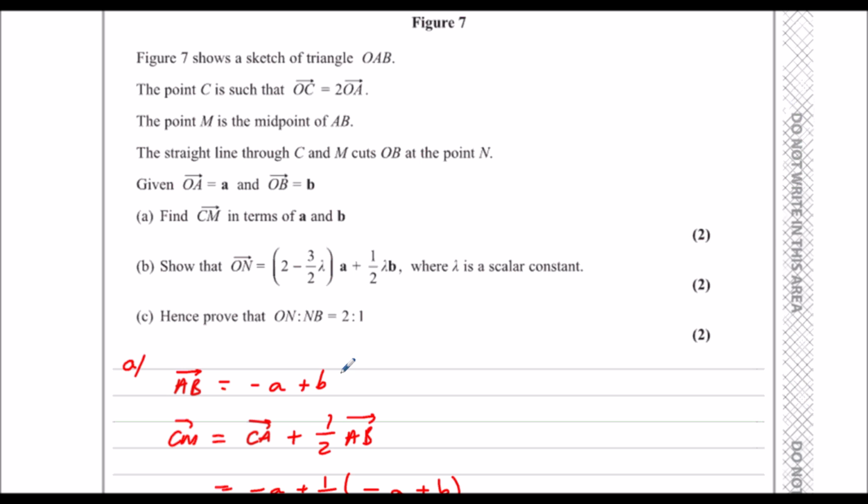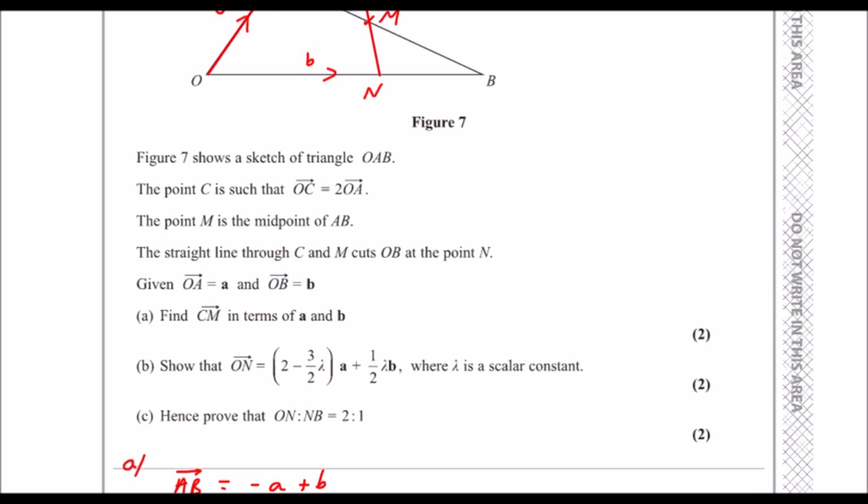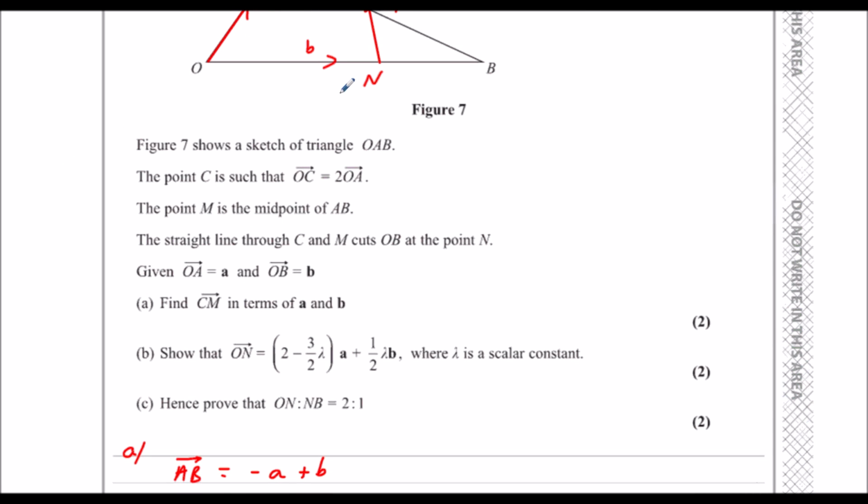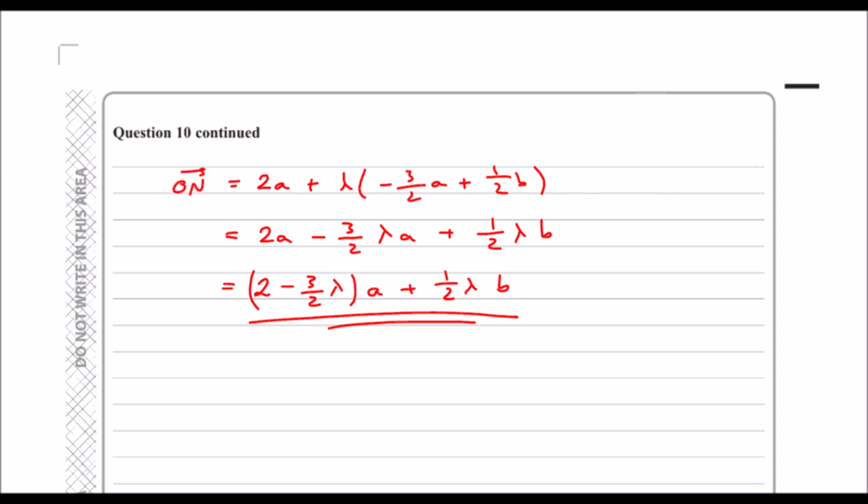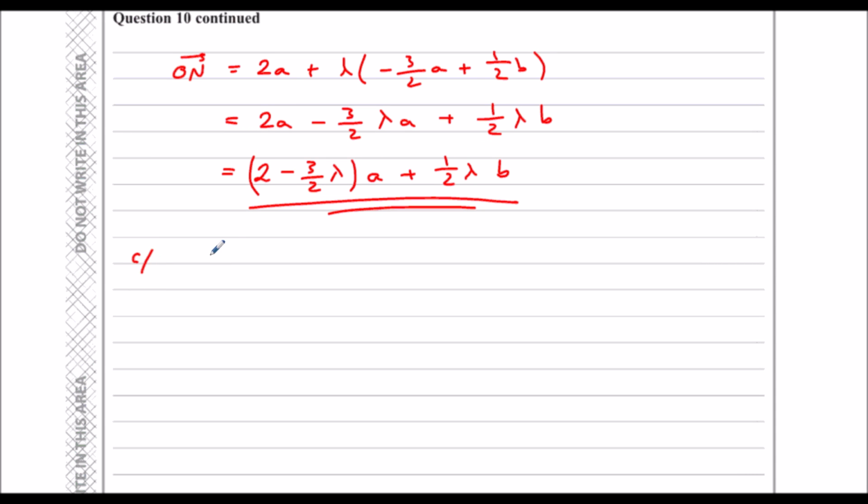Hence prove that O to N is 2 parts and N to B is 1 part. So we also know that O to N is a fraction of b. So O to N is a fraction of b, which means the a part must be 0.